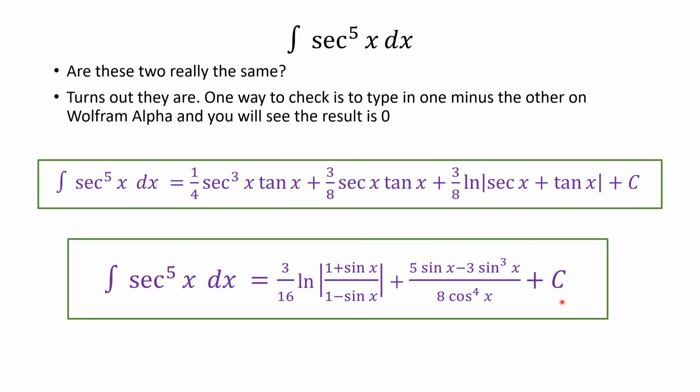You might have noticed that the results look extremely different, right? How do you know that? I mean, are these actually the same? And you can test this in different ways. An easy way is you could type in these expressions on Wolfram Alpha and see that they're a constant, or differ by a constant.